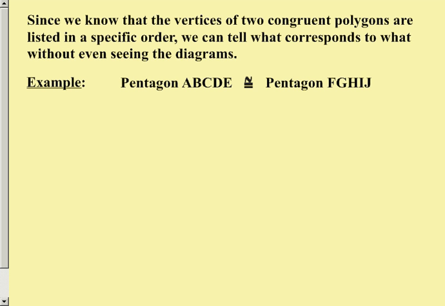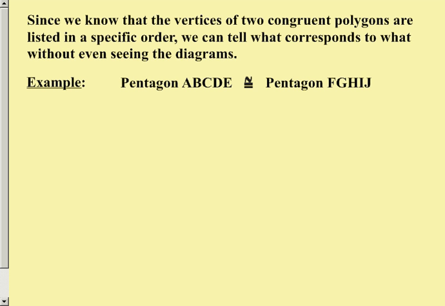The first side length in pentagon ABCDE would be line segment AB. There's a line segment connecting those two vertices. Okay, so that would correspond to, on the right side, line segment FG, because those are listed first.